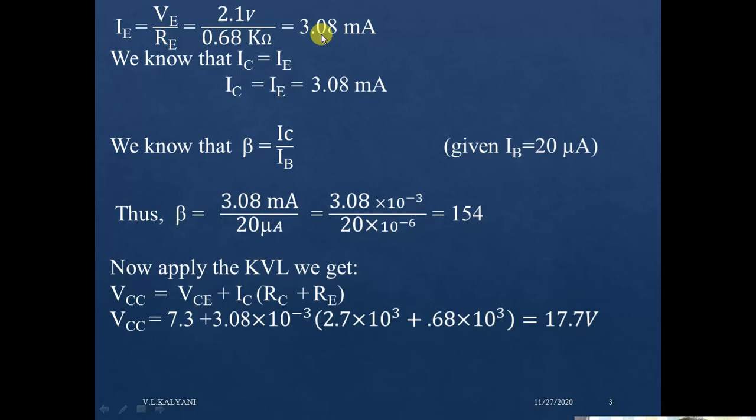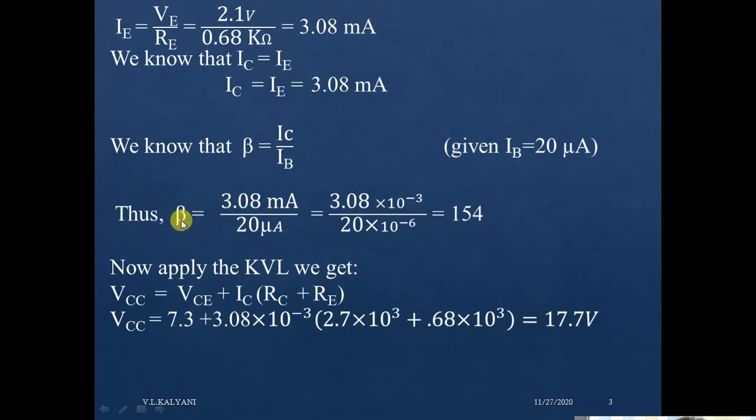So it will become 3.08 milliampere, and as we know, the collector current will also be equal to the emitter current in the case of a transistor. So this emitter current is also equal to the collector current, so the collector current will also be equal to 3.08 milliampere.